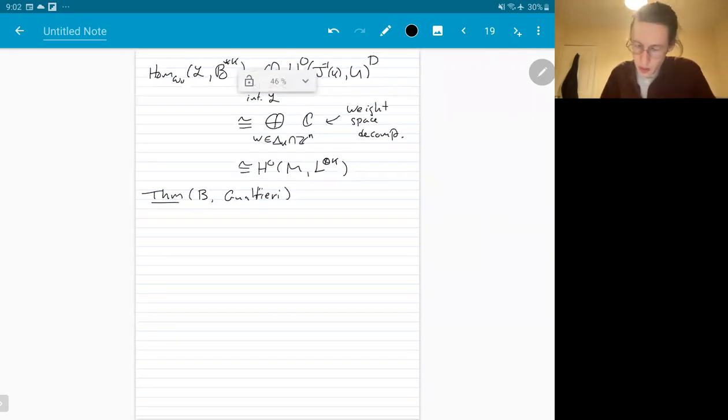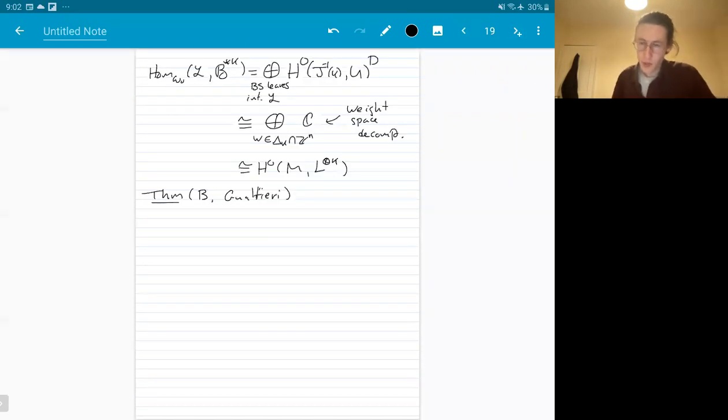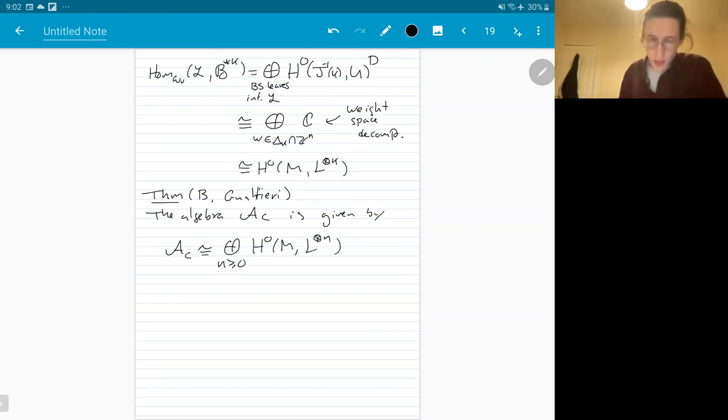So we carefully go through this construction, and we can compute what the algebra is, which I'll call, say, A_C. It is canonically isomorphic as a vector space to the homogeneous coordinate ring. But the product is deformed.